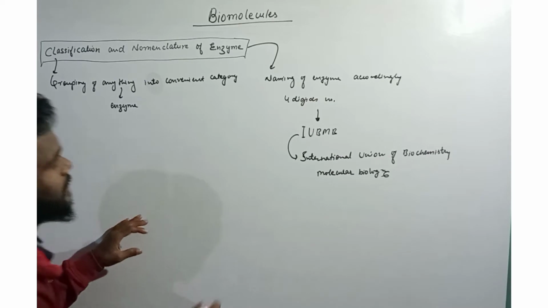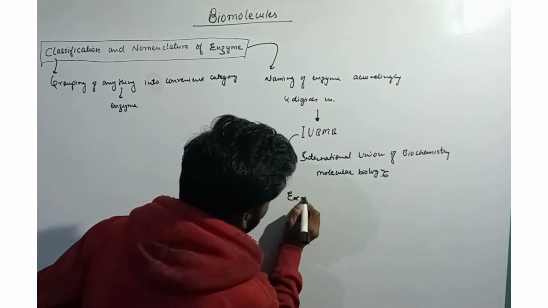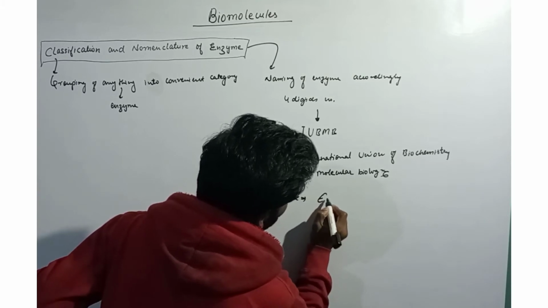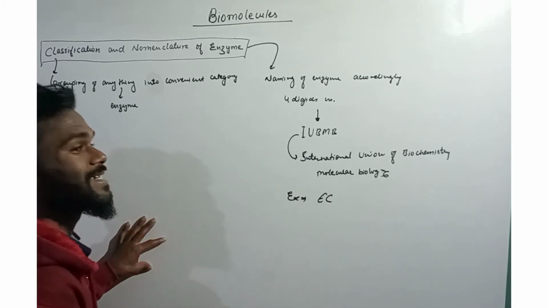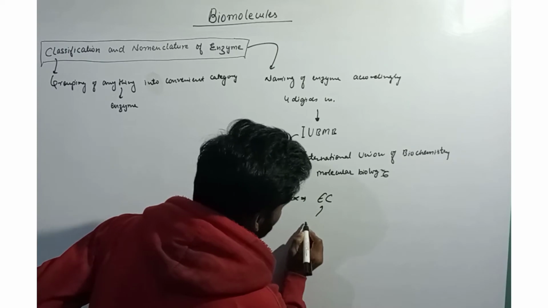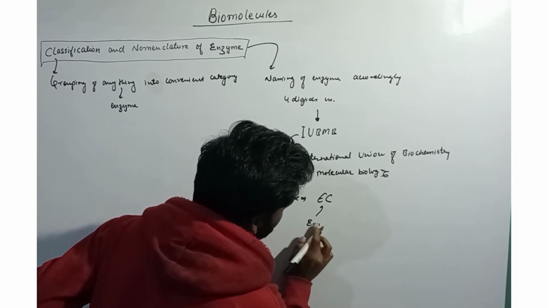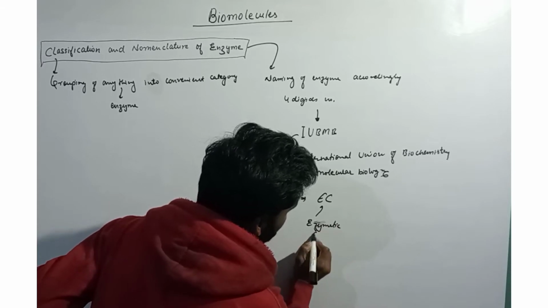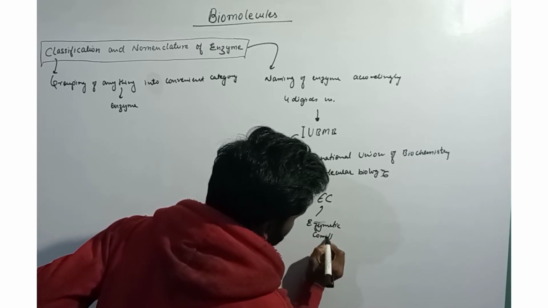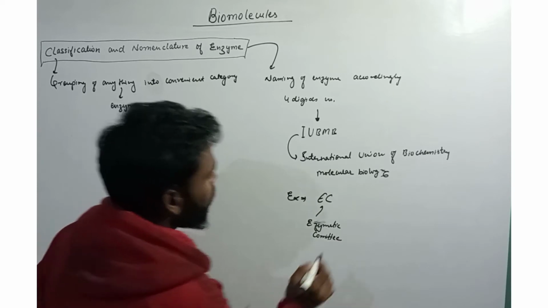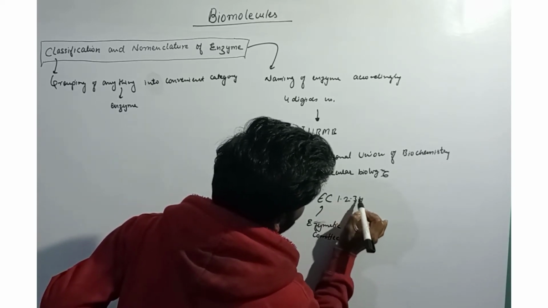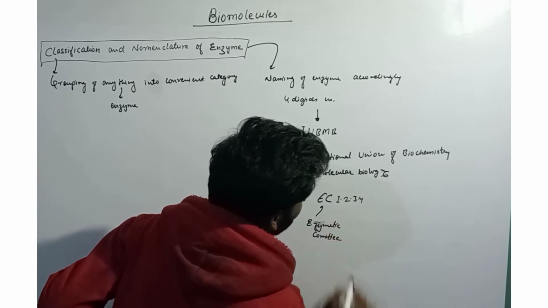For example, when talking about an enzyme, you have to write EC, which stands for enzymatic committee. Then there are 4 digits, 1, 2, 3, 4, all separated by dots.